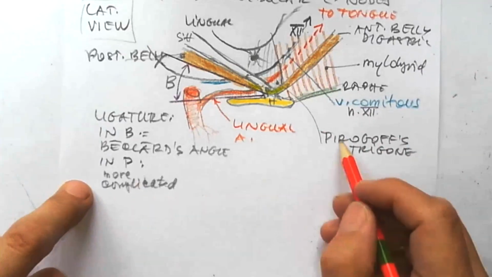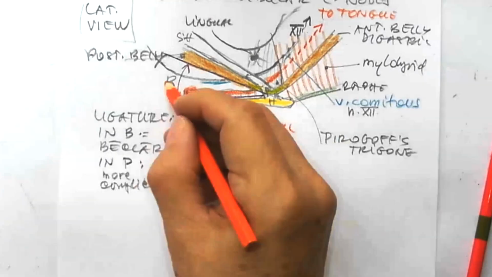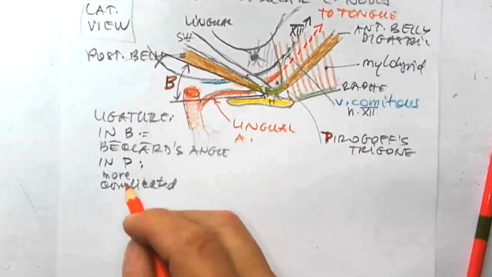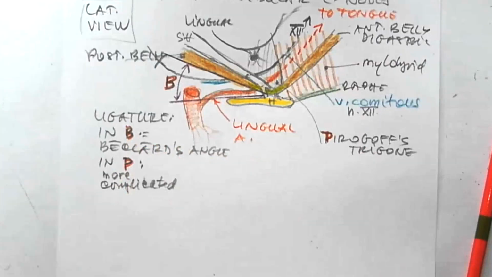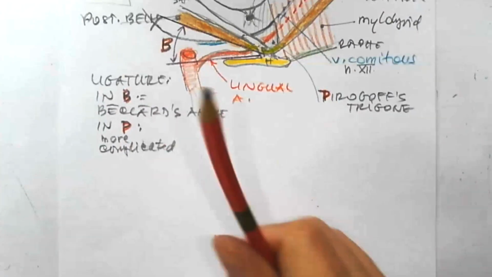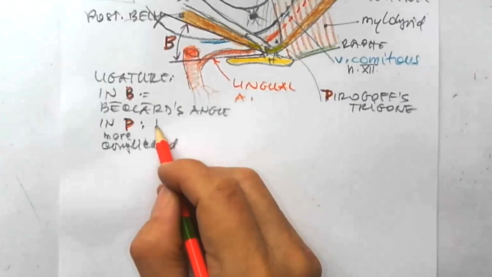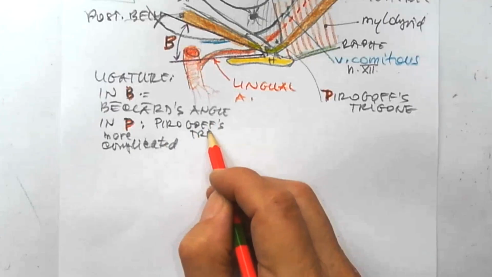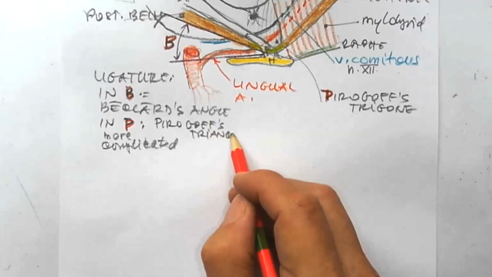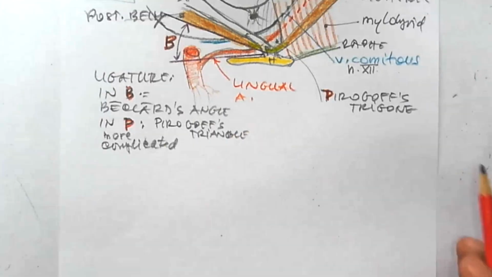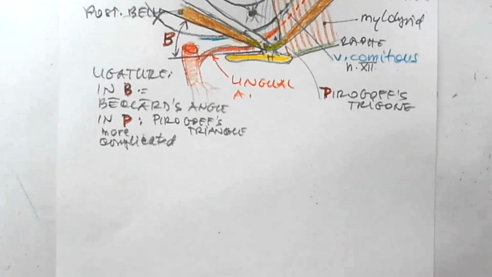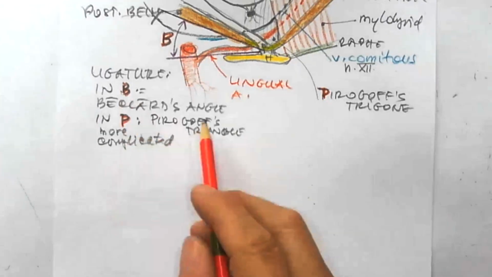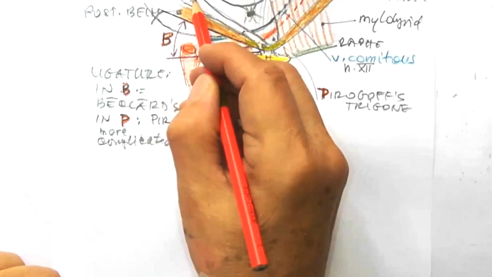So B is Becklard and P is Pirogov, more complicated. Pirogov's triangle, or trigon, both terms are used. It is very important for dentistry to know that in case of bleeding, we can compress, dissect and ligate the artery.